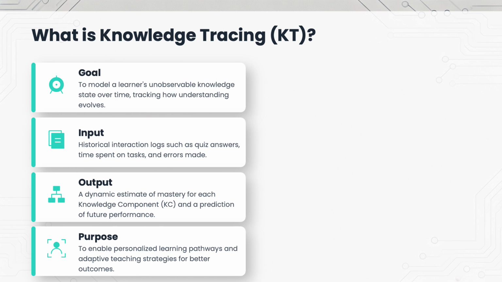First, it tries to figure out the student's current level of understanding for each specific topic or skill, what we call a knowledge component. This state is hidden. We can't see it directly. Second, it predicts how the student will perform on future questions. The ultimate goal? To create a truly personalized learning experience, giving each student exactly what they need when they need it.